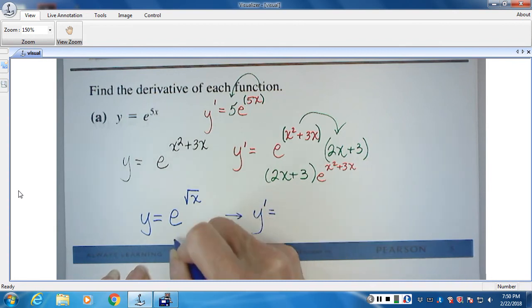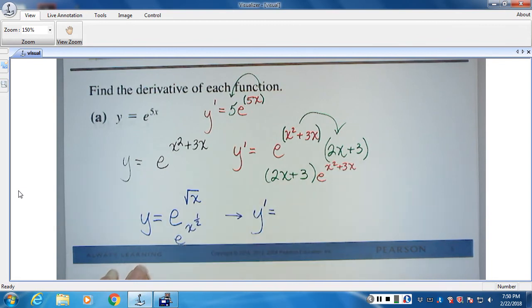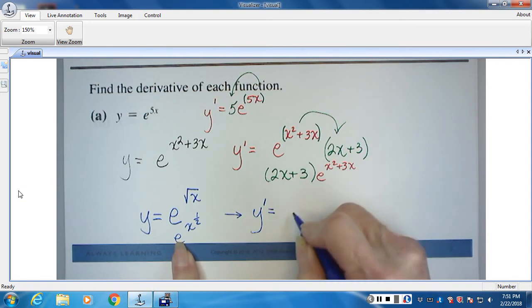Well, that means I want to call this e to the x to the 1/2 power. But when I go to take its derivative, what's the first part of its derivative? It's the same thing you started with. That's always the first step when doing exponential derivatives: you start out with what you had.